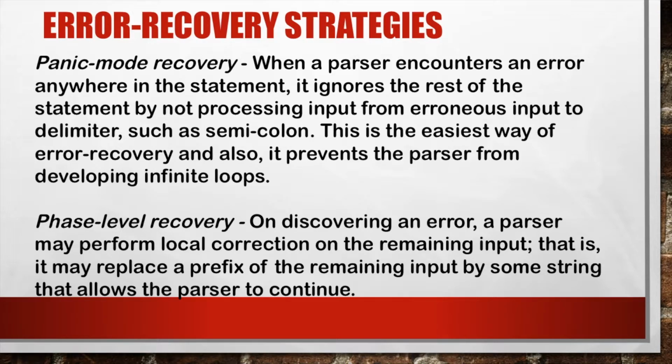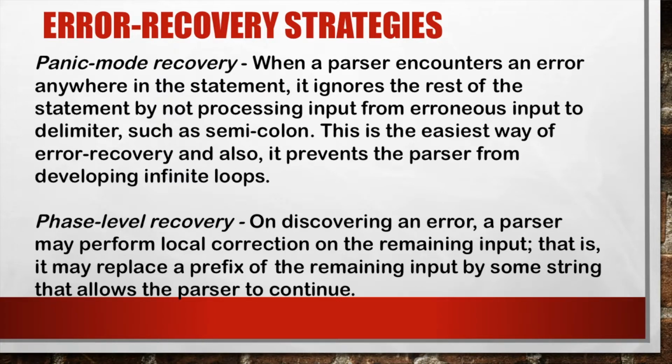Panic mode recovery: once an error is found, the parser intends to find a designated set of synchronizing tokens by discarding input symbols one at a time. Examples of synchronizing tokens are delimiters, such as semicolon or curly braces, whose role in the source program is clear. When the parser finds an error in a statement, it ignores the rest of the statement by not processing the input. This is the easiest way of error recovery.